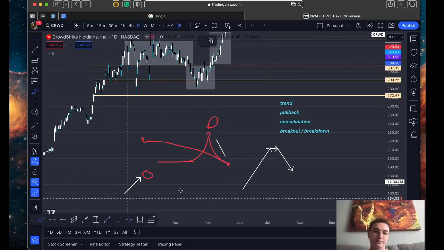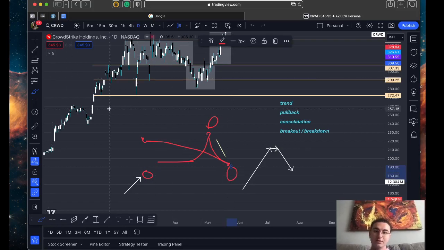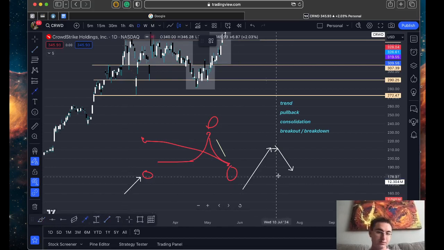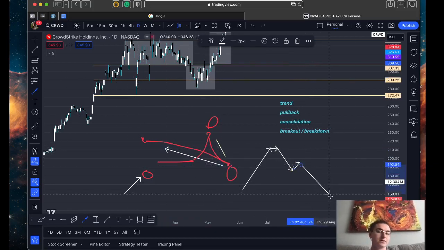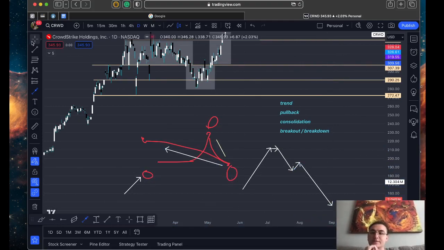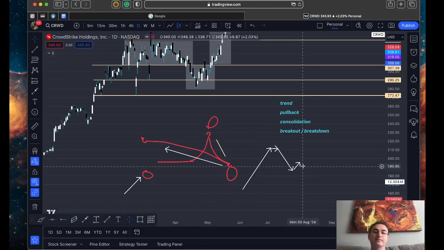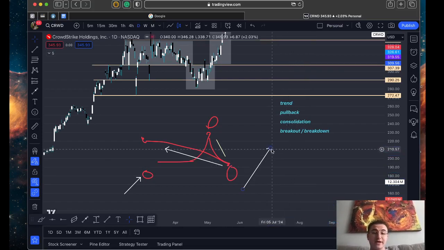Then you have to put the car into drive again to go forward, which you're going to consolidate for a second to shift gears. So that would look a little bit like this, a minor pullback. And then you're going to drive back in the direction you just came from. So hopefully that makes sense in terms of a trend reversal, if you're going to simplify it. The 3-point turn, aka the trend reversal.